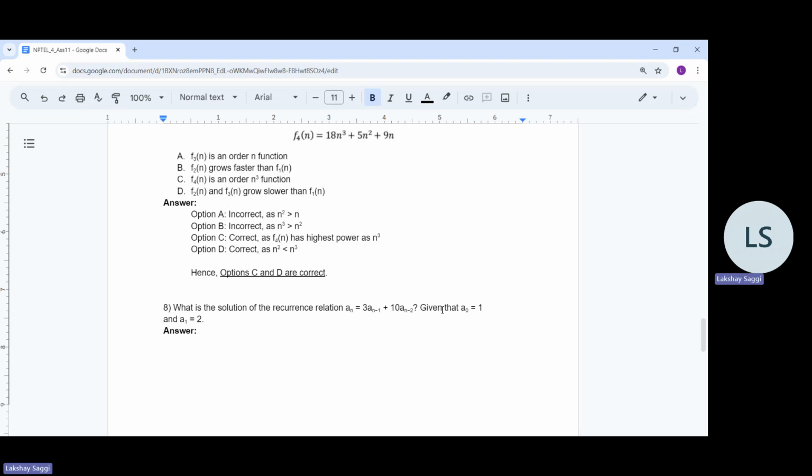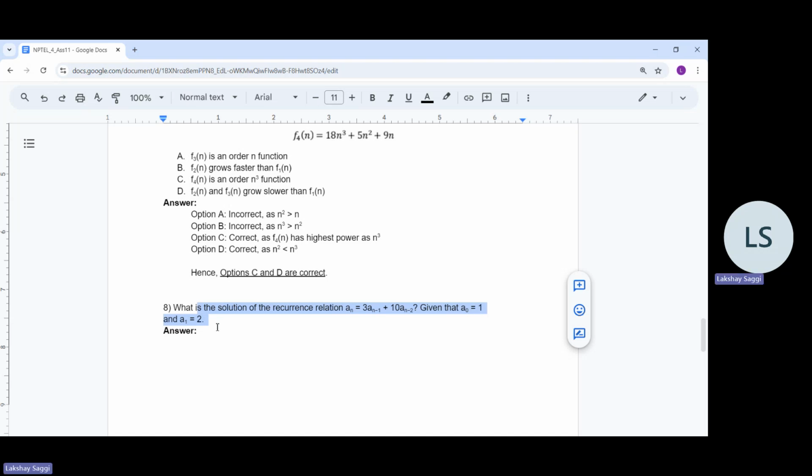So how do we do this? The high level idea to solve these sorts of recurrences is to first obtain the characteristic equation, then solve it to obtain the roots, and then find the constants associated with those roots.